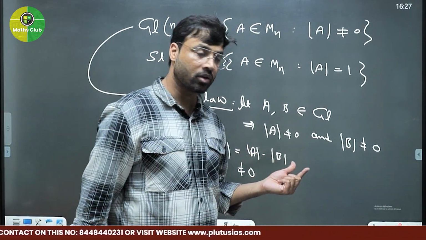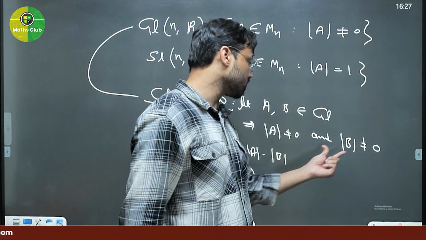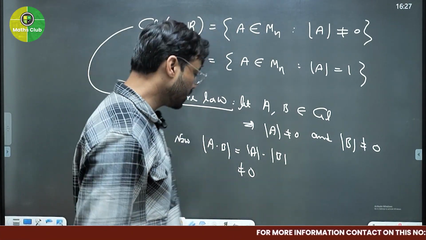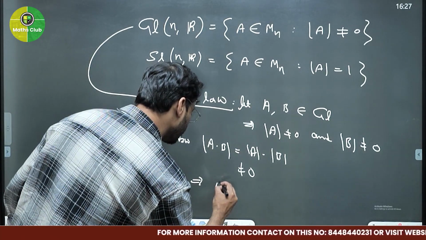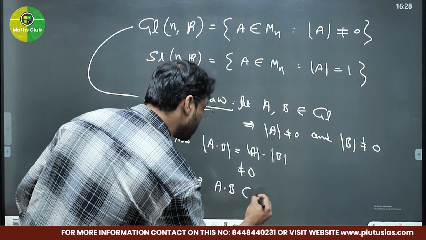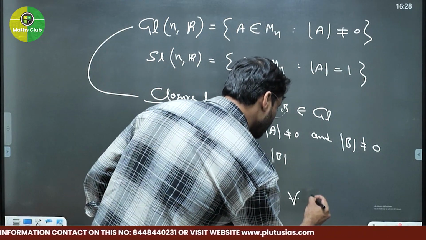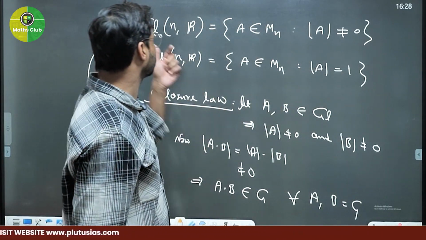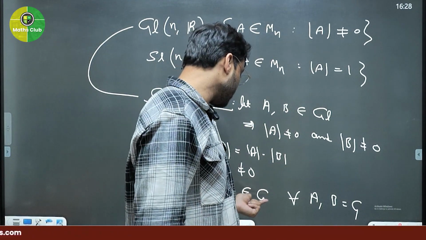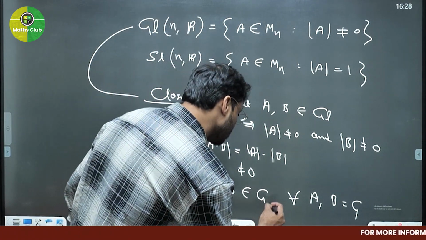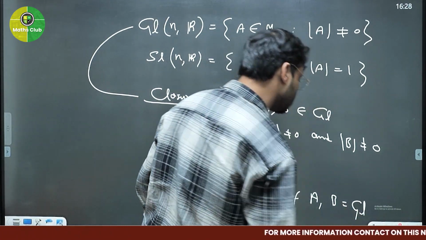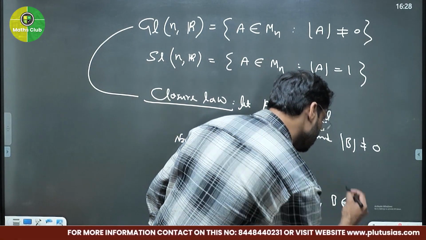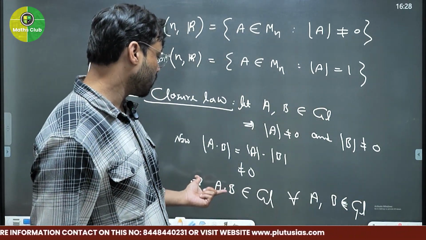Since determinant of A is not equal to 0 and determinant of B is not equal to 0, determinant of AB is also not equal to 0, and that implies that A dot B belongs to GL for all A, B belonging to GL. In short, we are taking GL as G. That means closure law holds.